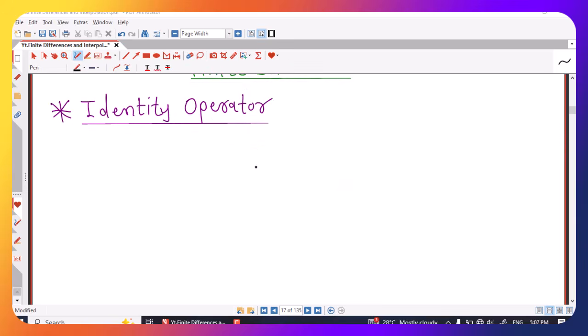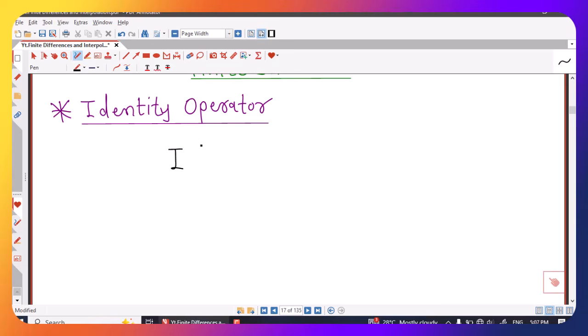Before starting those relationships, we first define the identity operator, which is also required. The identity operator is denoted by capital I and it is simply defined as I of f(x) equal to f(x) for any function f(x).